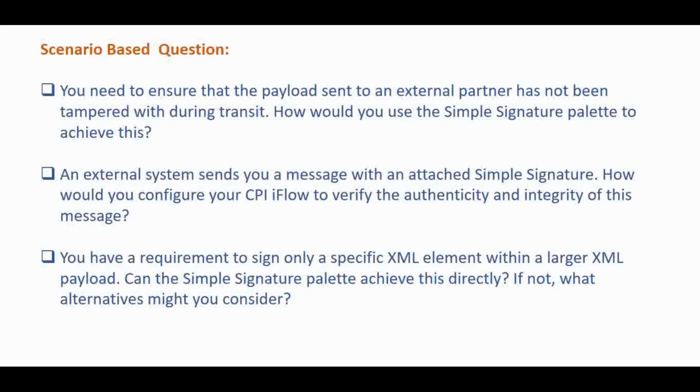What you can do is, before you create a signature palette, divide your payload into two separate parts and put the part you want to sign in the body. After creating the signature, put the original message back before sending to the receiver. Okay, so that way you can do the portion of a payload for the signature.